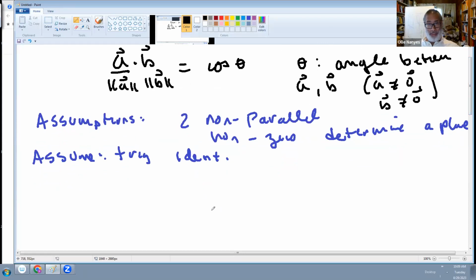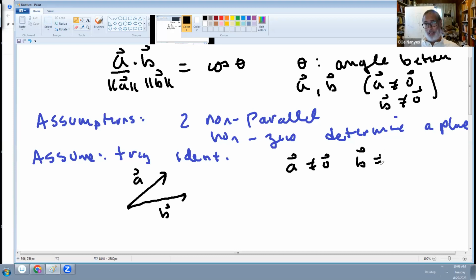So suppose I have two vectors. Let's call this vector A in space, and I'll draw this vector B in space. And again, the assumption I'll make here is that B is not the zero vector. I'm drawing this as an acute angle, but it doesn't have to be.